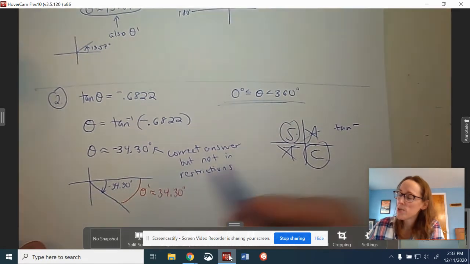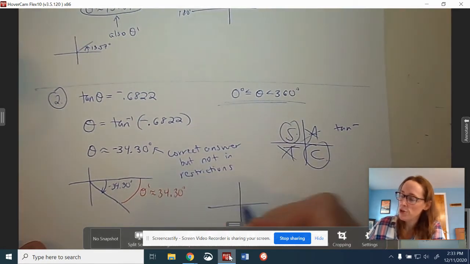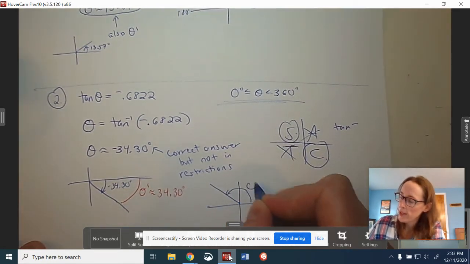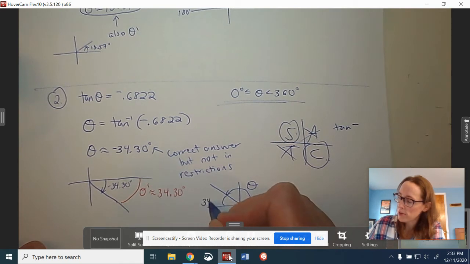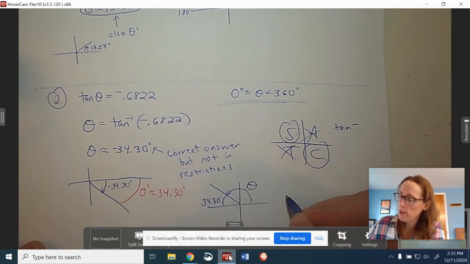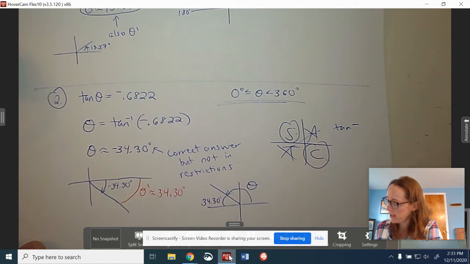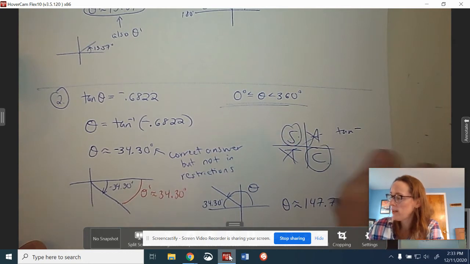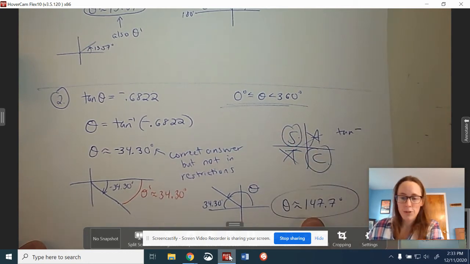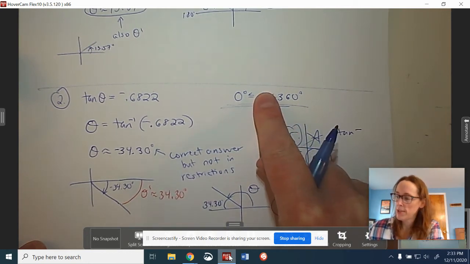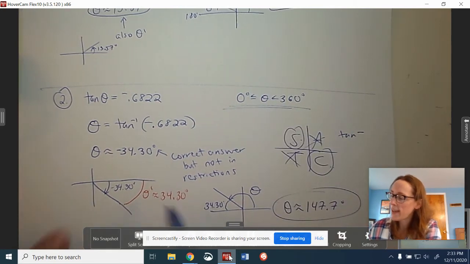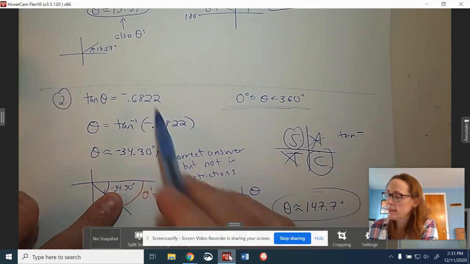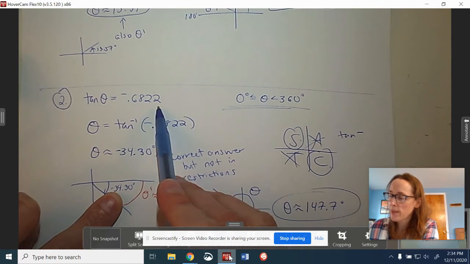What I want to do now is take that reference angle and put it in quadrant 2. So the angle in quadrant 2 that has a 34.30 reference angle is going to be 180 minus 34.3. Putting that in my calculator gives me 145.7. That I can use as an answer. Okay, it's between 0 and 360. The fact that it has the same reference angle as this is going to give me the 0.6822.